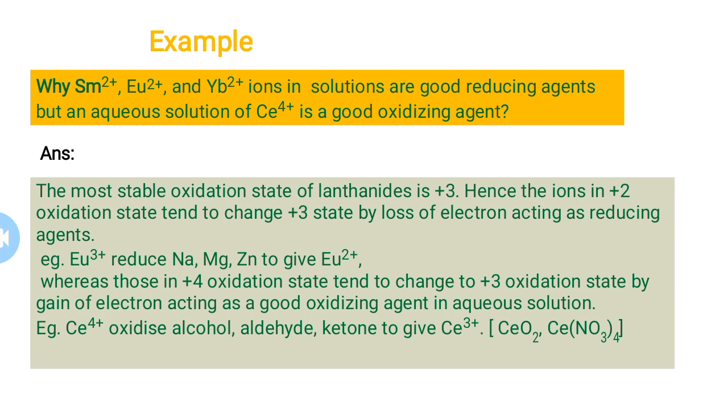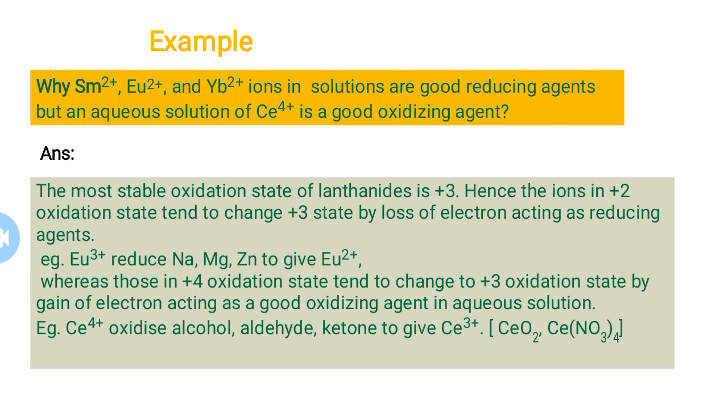Another example: cerium 4+ is a good oxidizing agent, whereas ions in the +4 oxidation state tend to change to the +3 oxidation state by gain of an electron, acting as an oxidizing agent.